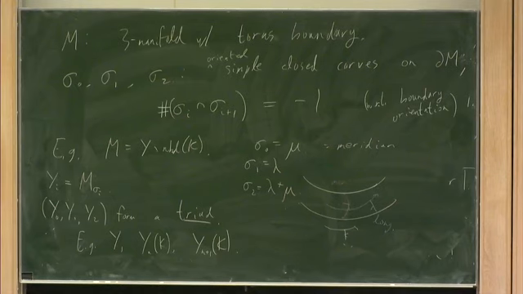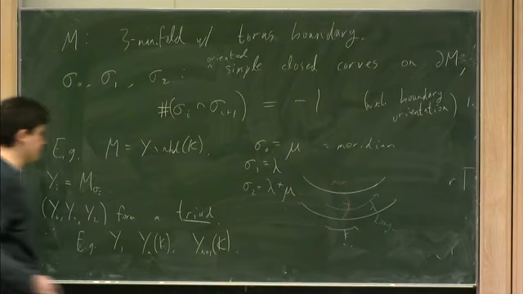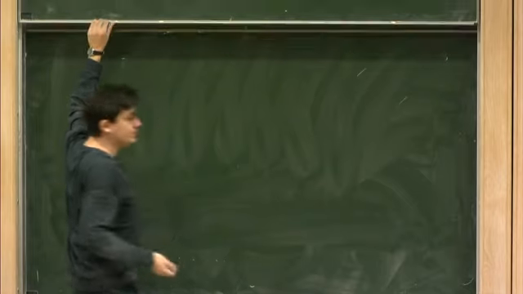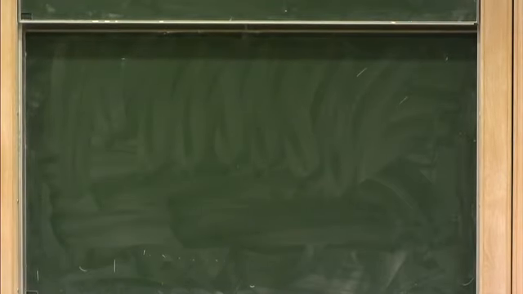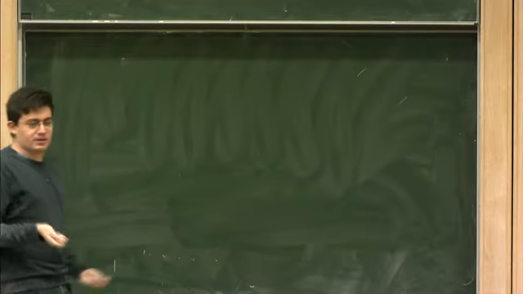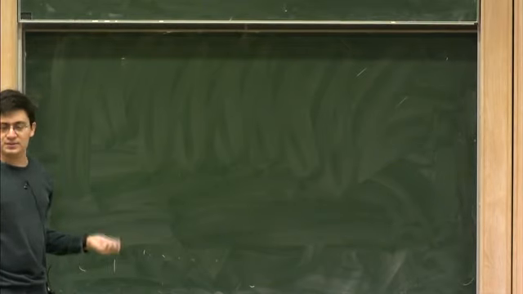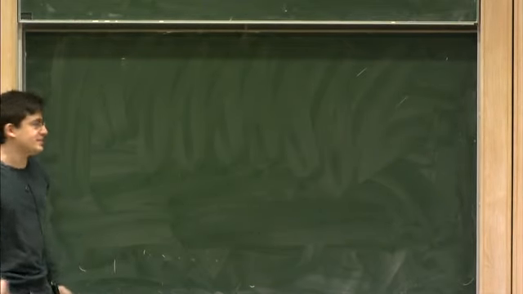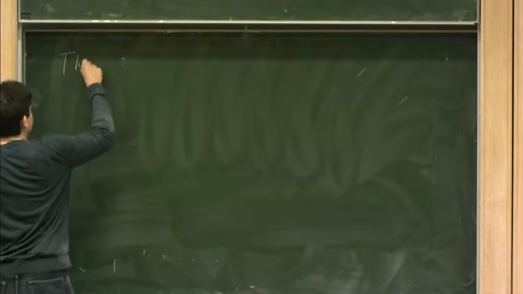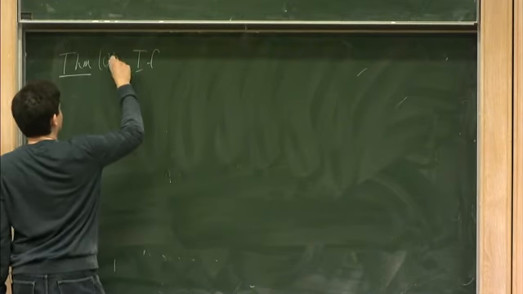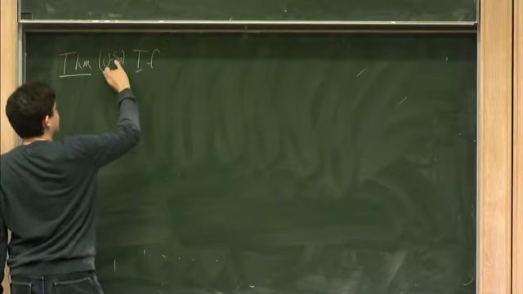But of course, I could also permute the roles of these things, and then this might relate different rational surgeries to each other as well. Okay, and that's going to be a very important notion. And a key theorem here, and actually one of the most important computational tools for any of these Floer homology theories, is a theorem of Szabo and various generalizations.